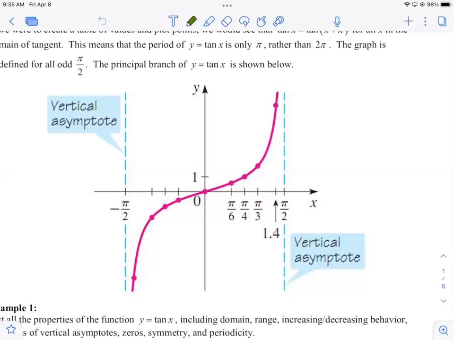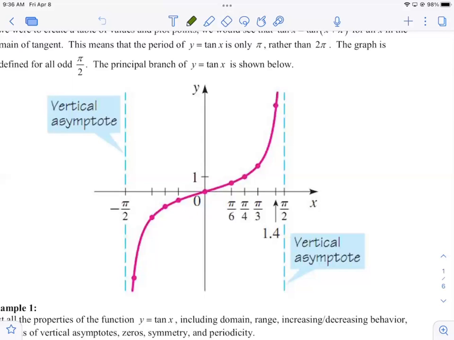How far is it, in other words, from negative pi/2 to pi/2? 1 pi, right? So what was the period of sine and cosine? 2 pi, right? But tangent and cotangent, for what it's worth, they repeat themselves twice as you go around the unit circle once.